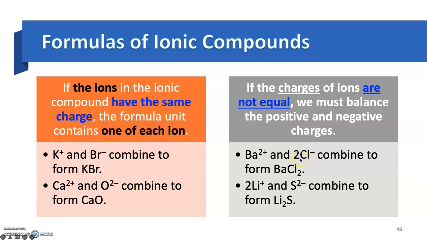So you need 2 chloride ions for each barium 2 plus ion. Another example is lithium ion combined with sulfide ion. Because sulfide ion has a 2 minus charge, you need 2 lithium ions, each with a +1 charge, to form Li2S.